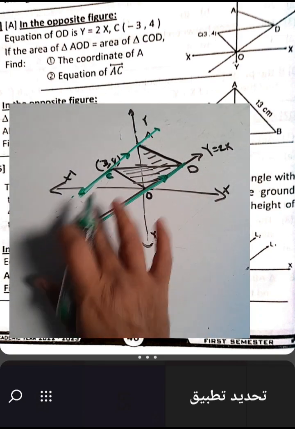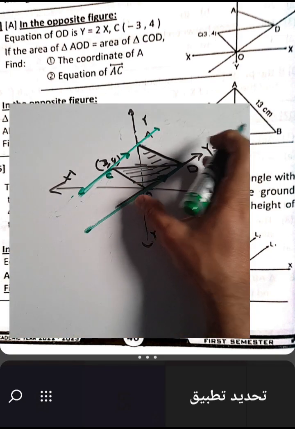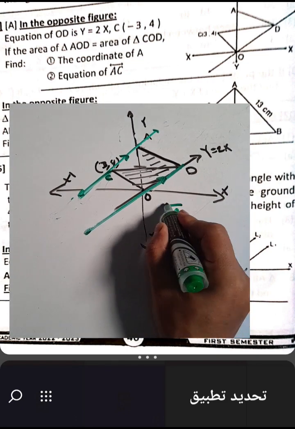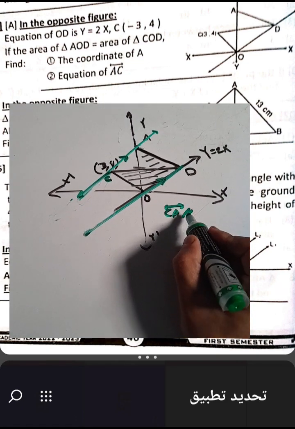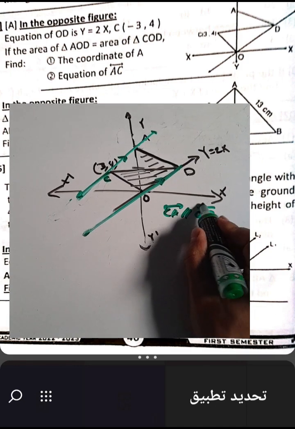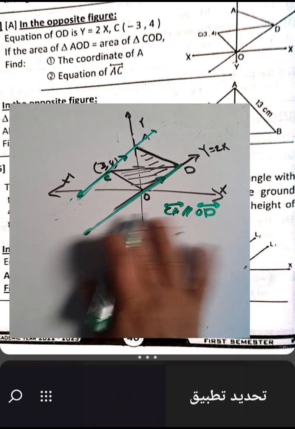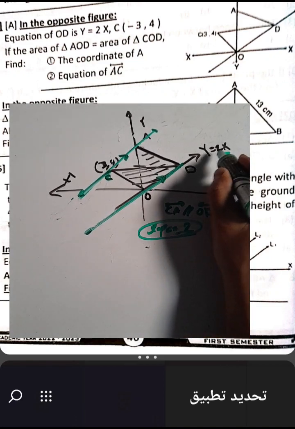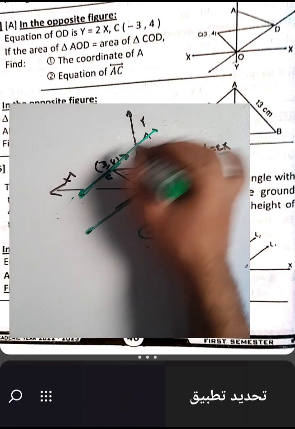It means the slope of this straight line equals the slope of that straight line. Then straight line CA will be parallel to straight line OD, so the slope will be 2, from the equation.